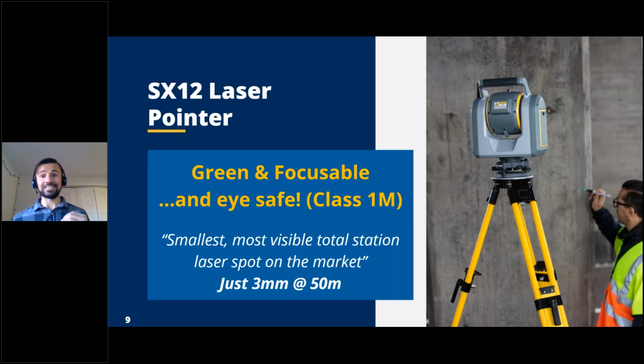Really easy to see in those challenging environments, with a variety of settings where you can change it, whether you want it flashing, high powered, low powered, all of that kind of thing. It is the smallest spot size in the industry, a fantastic instrument for tunneling. And the best part about it is it's class 1M, so it's an eye-safe laser, so no concerns there.